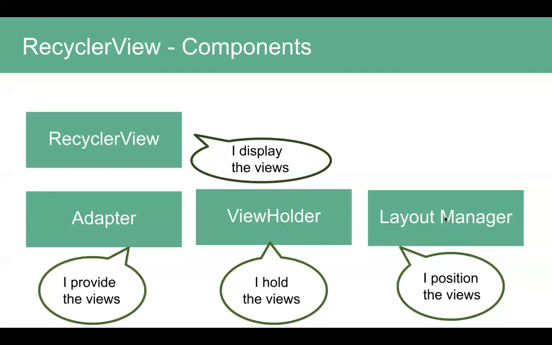And the layout manager will decide how to position the views. So recycler views don't need to be in a linear layout fashion, but they are mostly used and mostly seen in a linear layout. And we are going to mostly deal with them in linear layouts in this course.